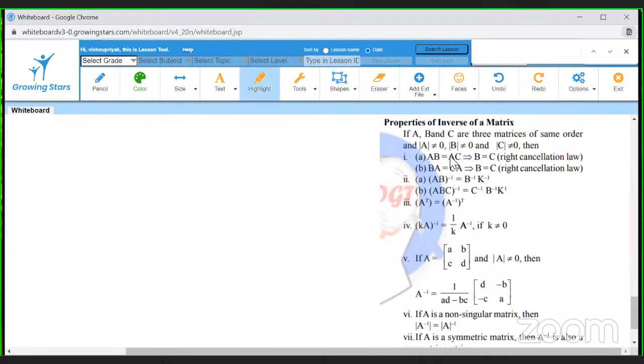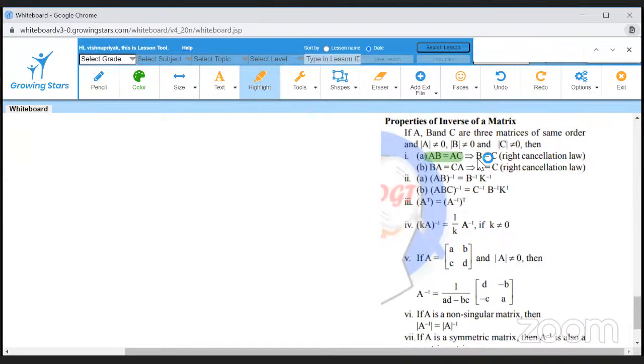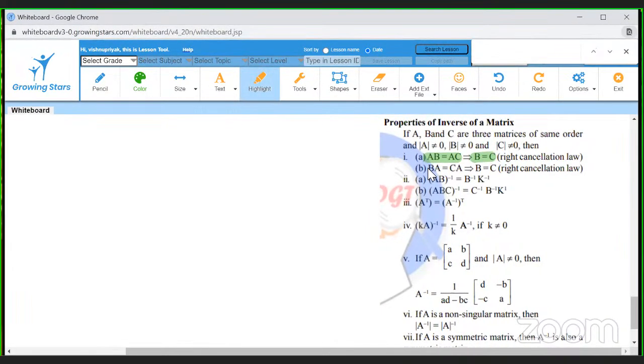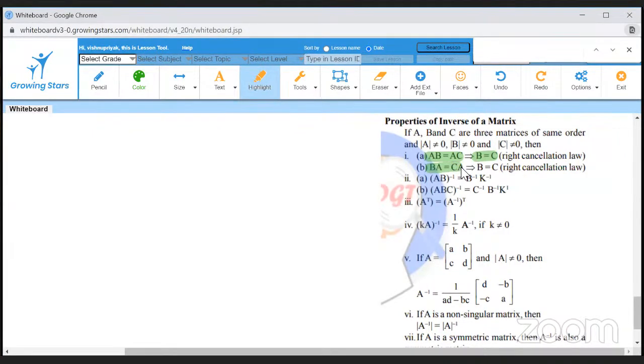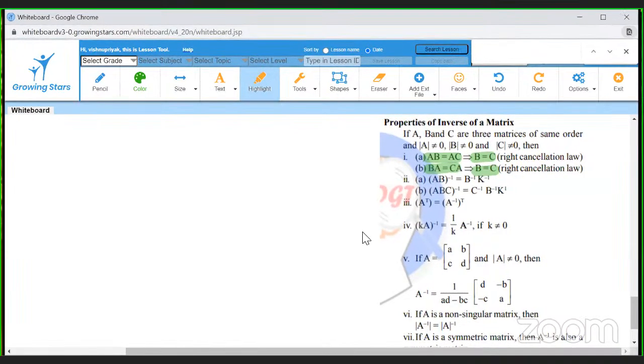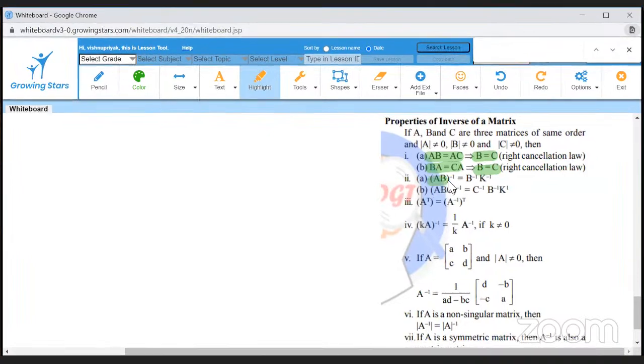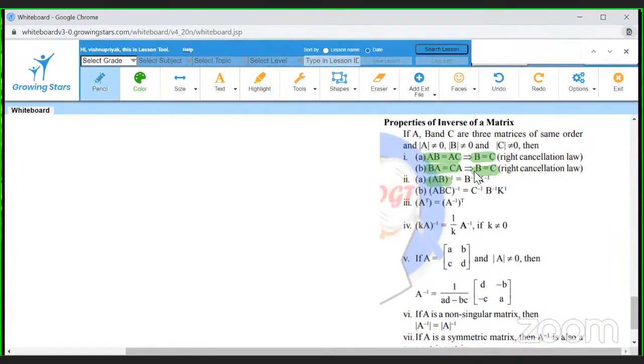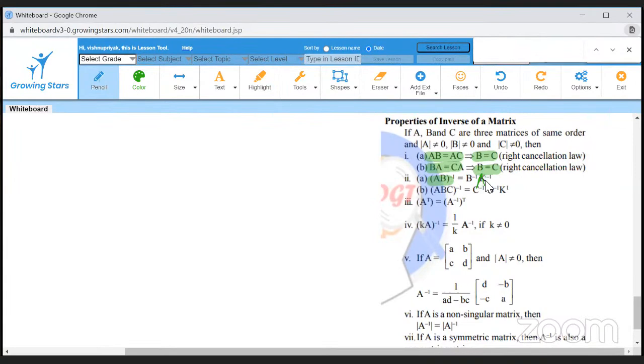If AB equal to AC, then you can say B is equal to C. If BA equal to CA, then also you can say B is equal to C. AB whole inverse will be equal to B inverse A inverse.